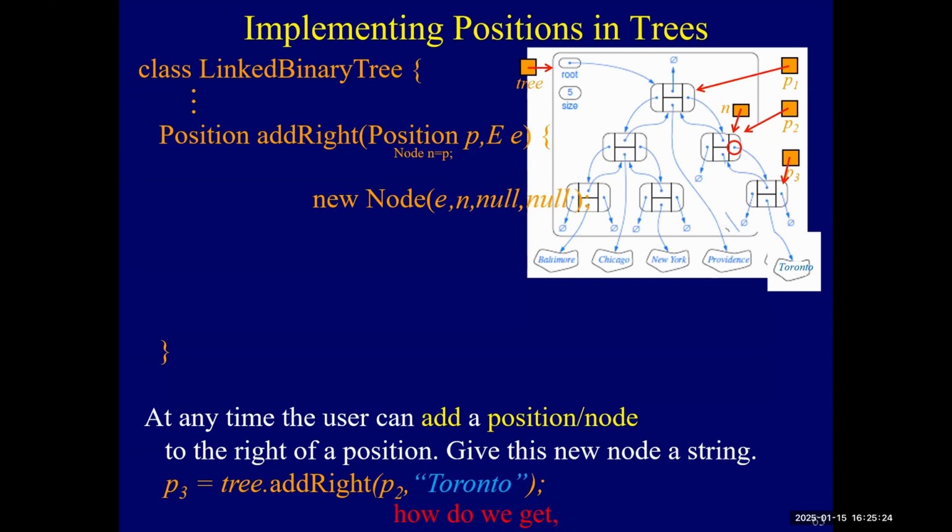So what does this thing do? New node creates a new node and returns the pointer to it. So we want to put it in that box. So what do we say? We just do that. Everybody follow that? There's a lot in this line of code.